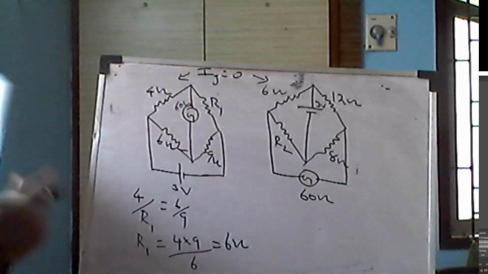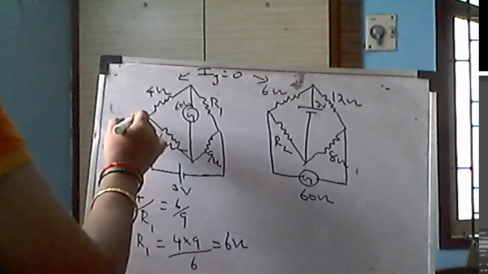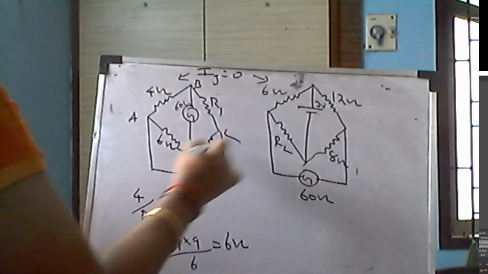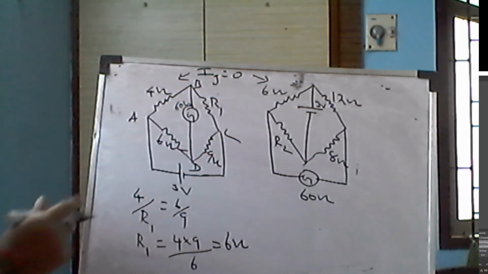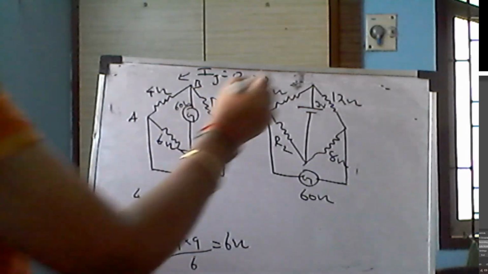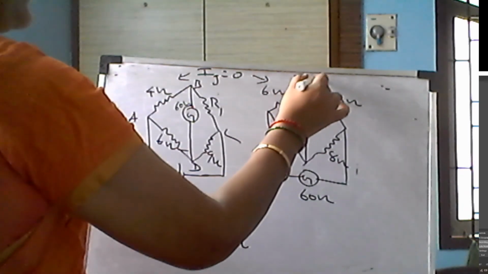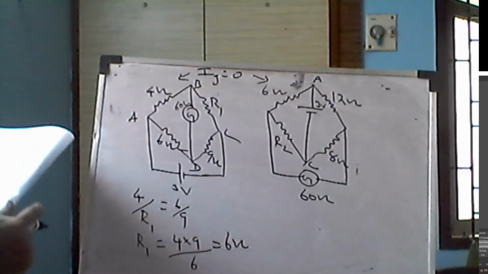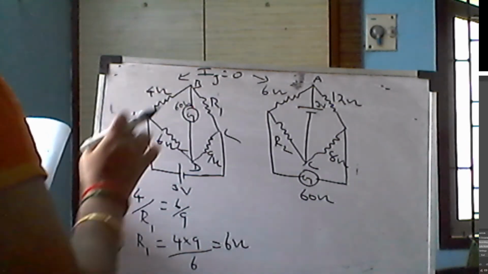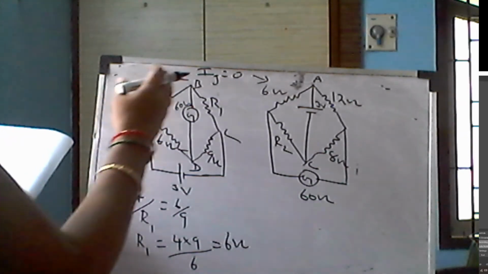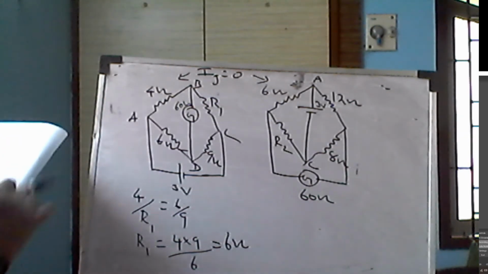Now always in the meter bridge, I have told you, suppose if you consider this is A, B, C, D. Always between A and C, the battery is connected. So you can consider this as A and this as C. And between B and D, the galvanometer is connected.